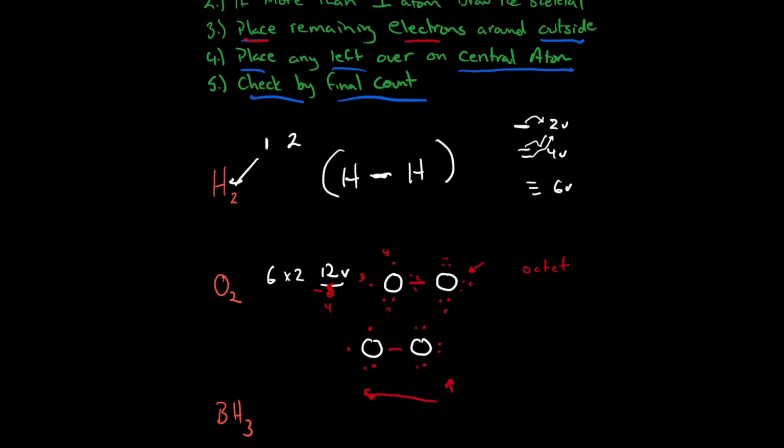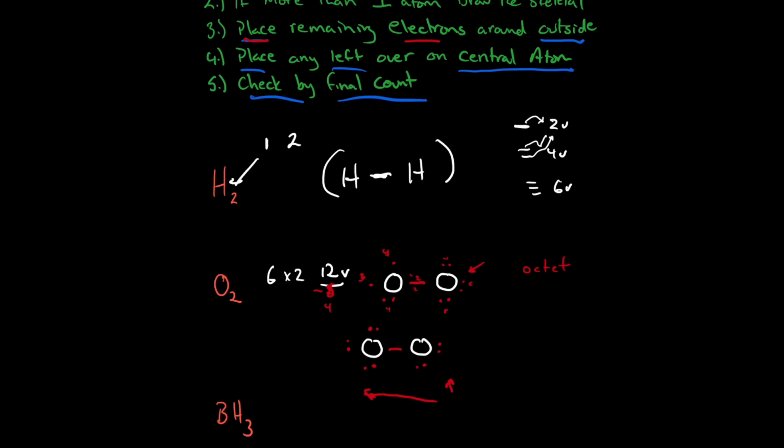So what I can try is just start figuring stuff out. I need at least 2 more valence electrons over here to make this happy. So I'm going to steal 2 of these guys and put them over here. So now I got 2, 4, 6, and now I got 2, 4, 6, 8.